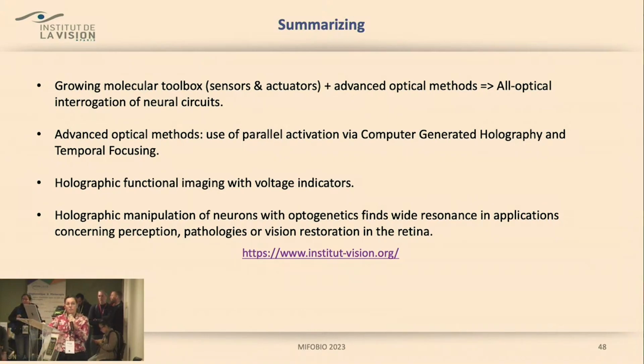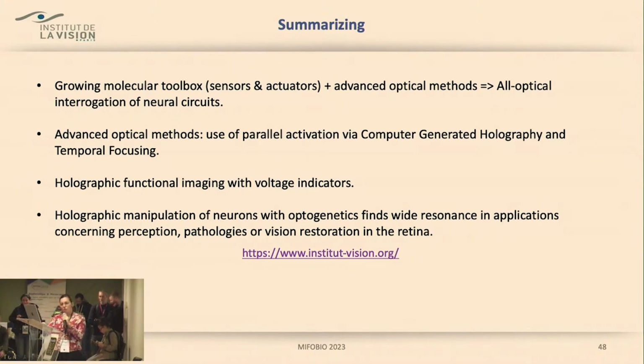With advanced optical methods such as computer-generated holography with temporal focusing, we have great potential to apply to this kind of study. Holographic functional imaging can also be possible even with voltage indicators, not only calcium.